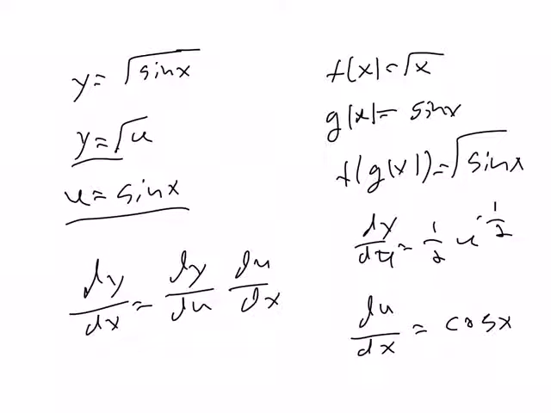Take the derivative over here. So then we get that this is equal to that, and now we're just going to plug in what u is in terms of x. So we're going to get a half sine x to the negative a half times du over dx, which is cosine x. The next problem is problem 6.